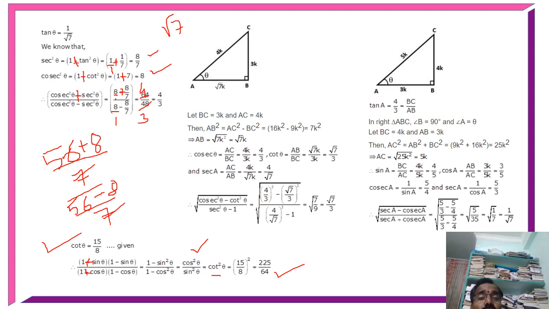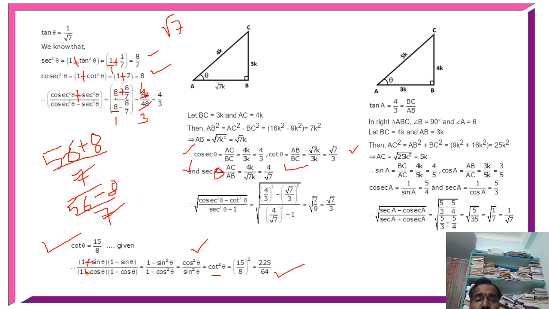According to the figure, by applying the Pythagoras theorem, we get hypotenuse 4, and convert into the cosecant formula, which is hypotenuse by opposite side, and the secant formula, hypotenuse by adjacent side. So AC by AB, AC by BC. If we simplify, we get the cosecant theta value and the secant theta value according to the question.